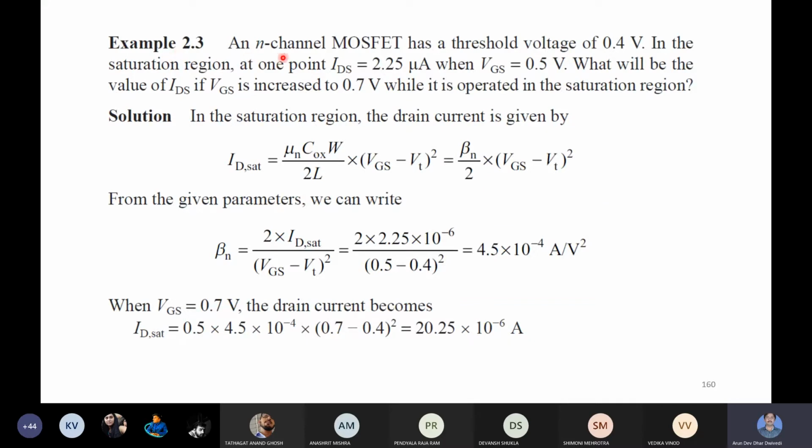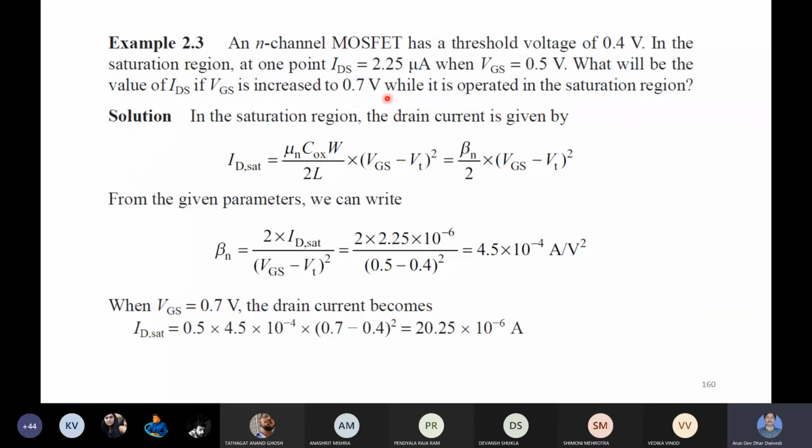So suppose the second problem: an N channel MOSFET has a threshold voltage of 0.4 volt, and in the saturation region at VGS of 0.5, IDS equals 2.25 microampere. What will be the value of IDS if VGS is increased to 0.7? One set of values is given: the threshold voltage is 0.4 volt and IDS is given for the given VGS.